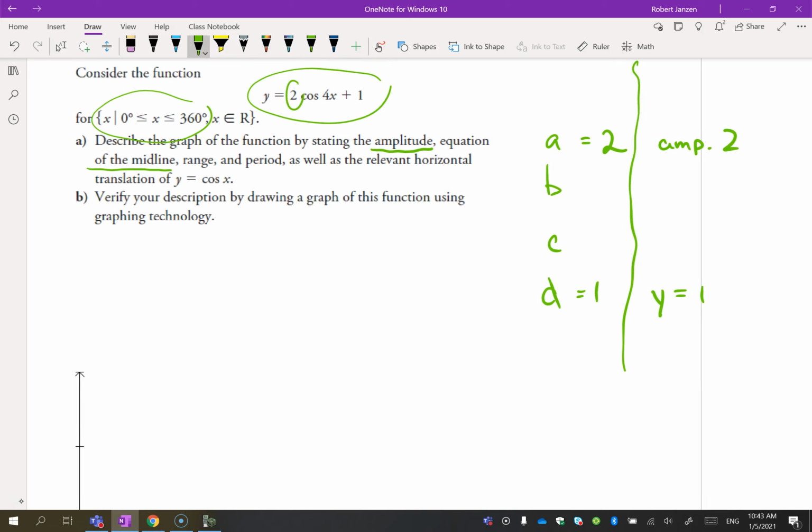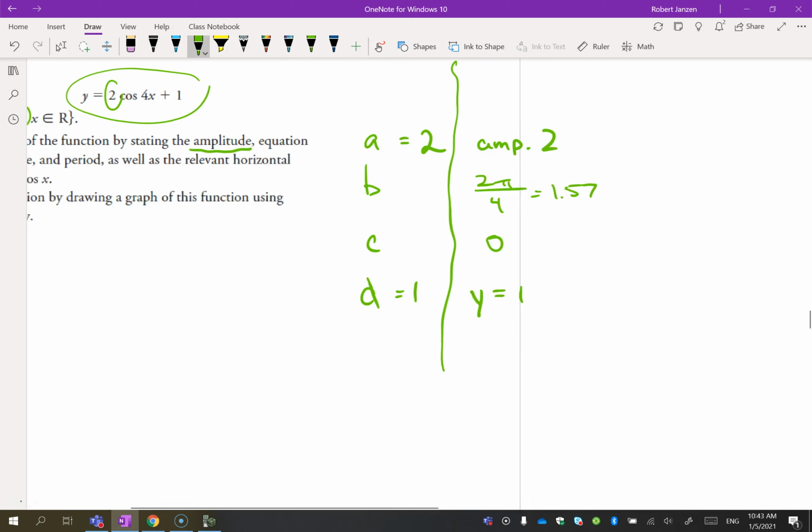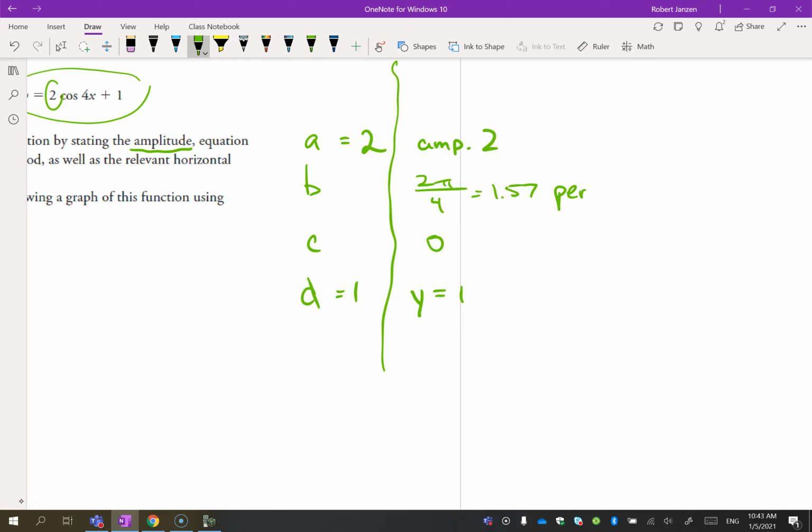Remember the period, we go 2 pi divided by b. b is 4. So if you want to put this in your calculator, you'll get 1.57. Okay, as well as a relevant horizontal translation. Well, what is the C value? The C value is 0. Okay, so the only thing we're left with is the range.